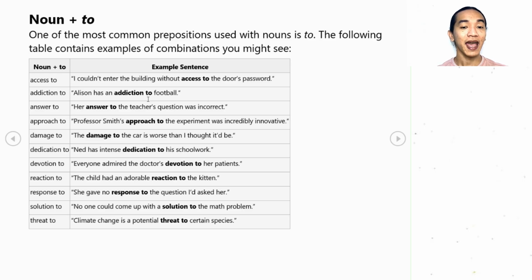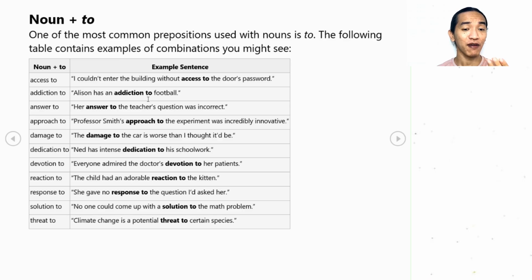Next, damage to. The damage to the car is worse than I thought it'd be. Okay. Next, dedication to. Ned has intense dedication to his schoolwork. Devotion to. Reaction to. The child had an adorable reaction to the kitten.